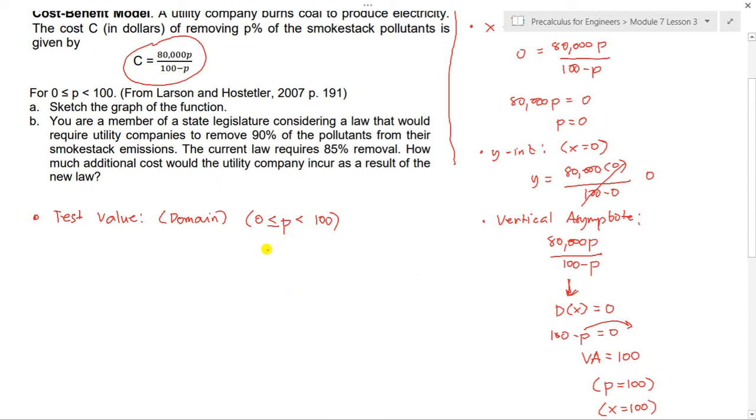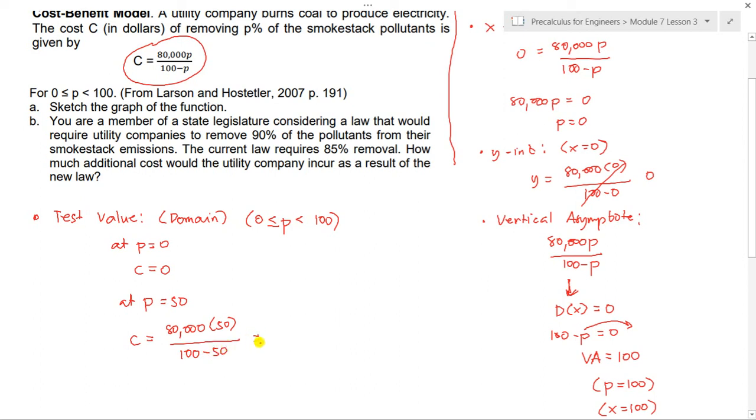Okay. So at 0, pila man kay value sa atong y? At 0, at p equals 0, our c is equals to 0, di ba? Kaya naman sa atong x and y intercepts. So mana siya. However, at p between 0 and 100, let's say I have p 50, what is the value of our c? C is equals to 80,000 times 50 all over 100 minus 50.